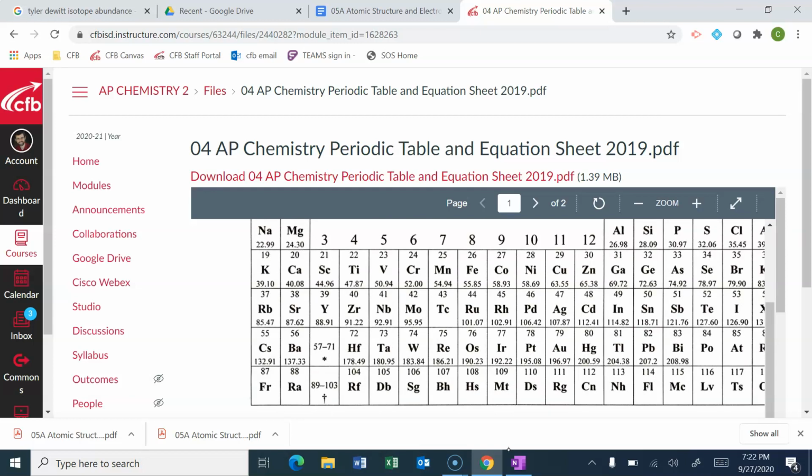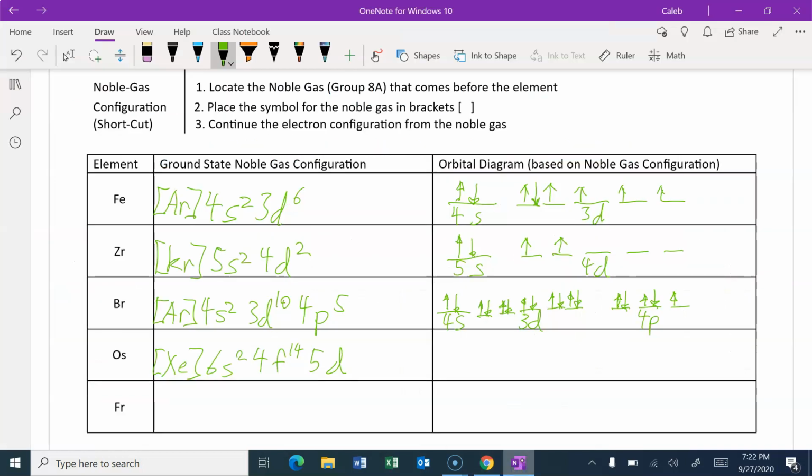Yes, so this would be 5d6, and we could go ahead and write this out.